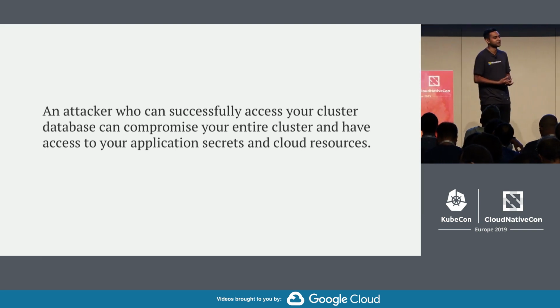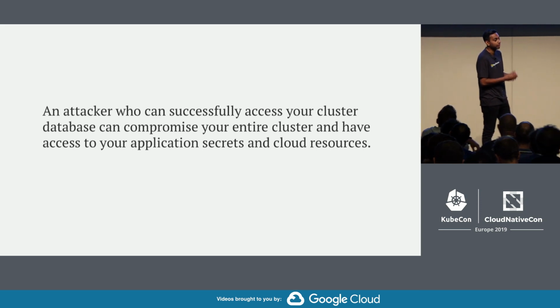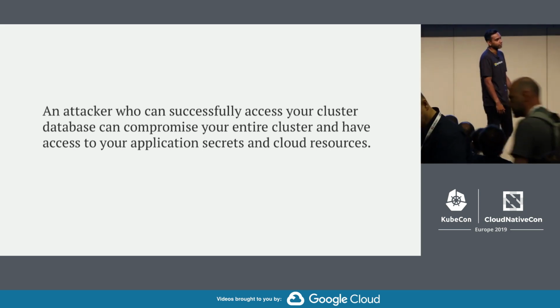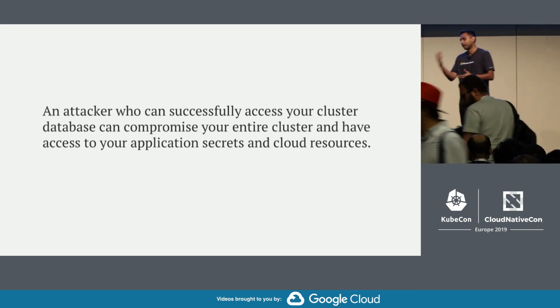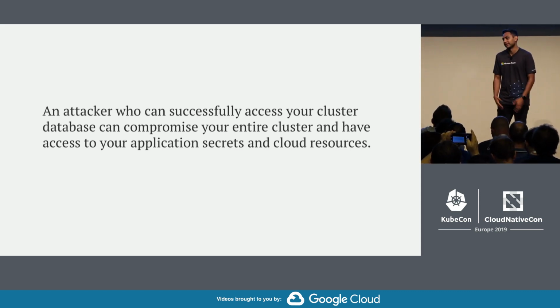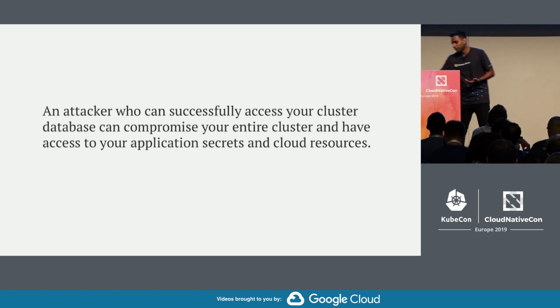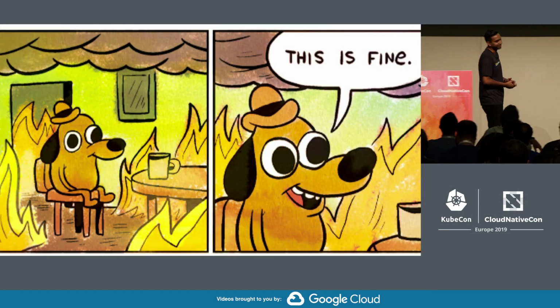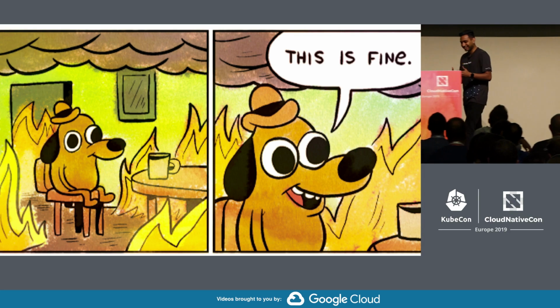Or if it's a cloud API token, for example for Azure, AWS or Google, they can create more resources or delete your resources. To be honest, it's not a good situation to be in. You want to prevent against that.